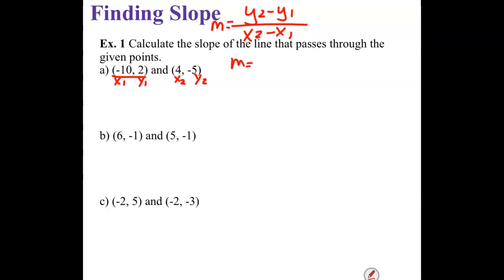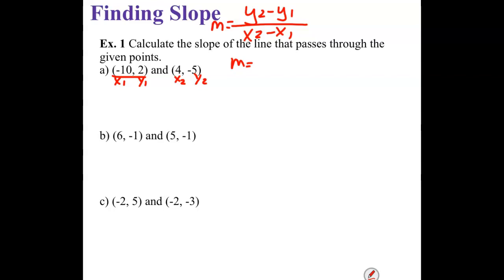Okay, so subtracting our change in y. Do you want to do 2 minus negative 5? Do you want to do negative 5 minus 2? Doesn't matter, but you have to set the x's up the same way, right? That's what I mean when I say it doesn't matter which point you call first point, second point. You're going to take your y-coordinates and subtract them, and then you're going to subtract your x's in the same order.